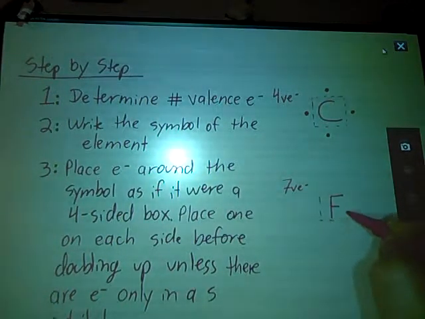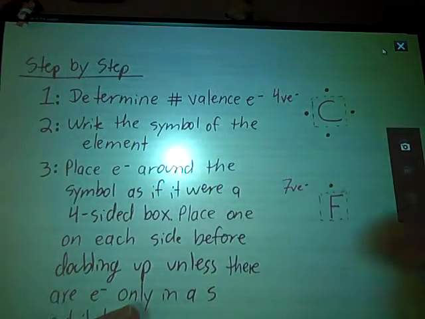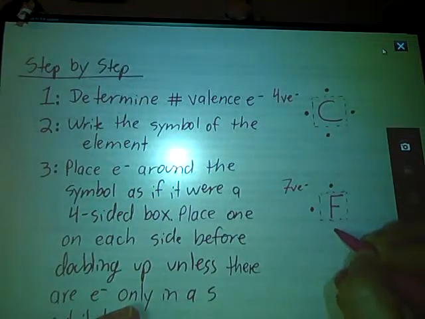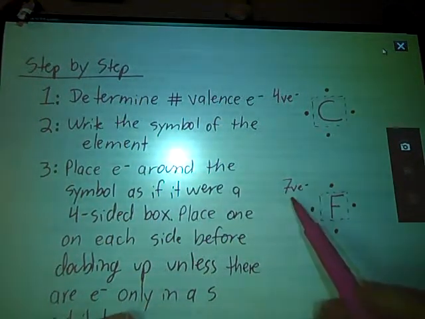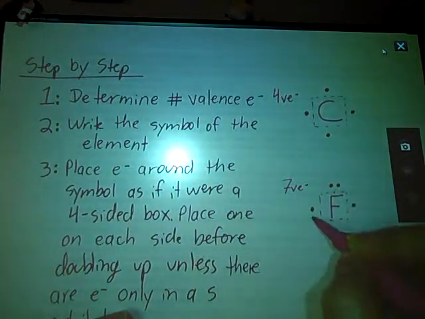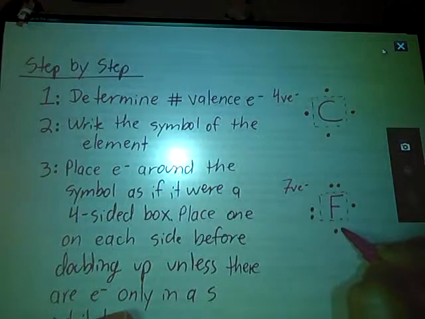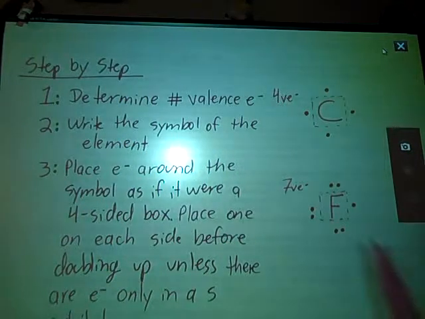Again, we pretend we have 4 sides to a box. I'm going to start on the top again with my first electron, second, third, fourth. So I've only placed 4 electrons, but I need to go up to 7. So onward we continue. Here's 5, 6, 7. 7 valence electrons placed, so I have 3 pairs here and 1 unpaired electron.